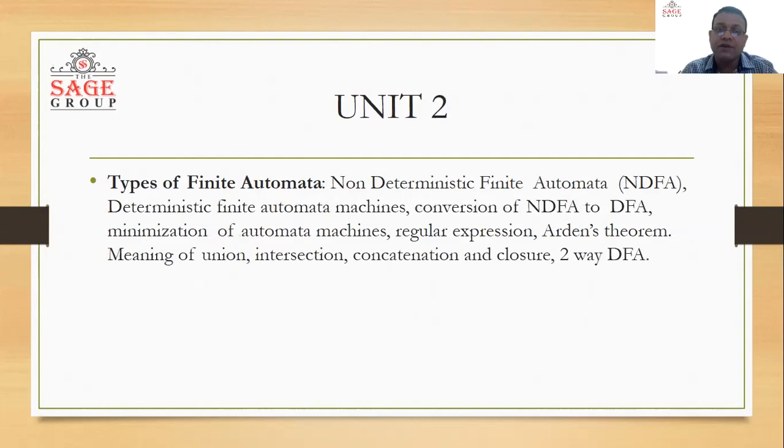In unit 2 we'll go in depth about what finite automata are and what finite state machines are. We'll discuss in depth the non-deterministic finite automata and the deterministic finite automata, their conversion among each other, and minimization of the machine if it is redundant.